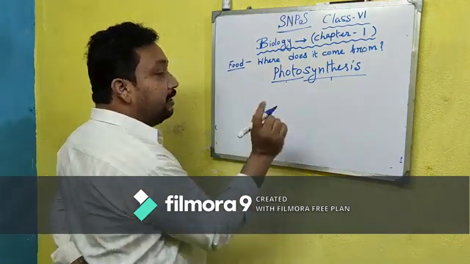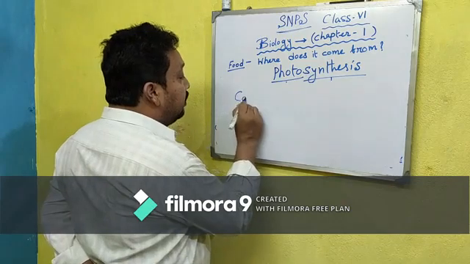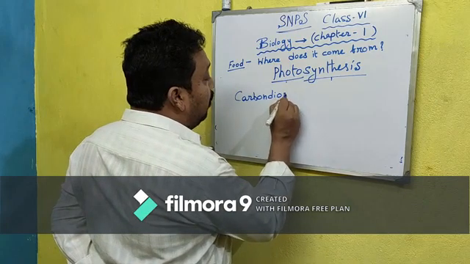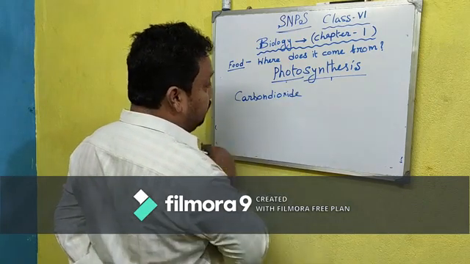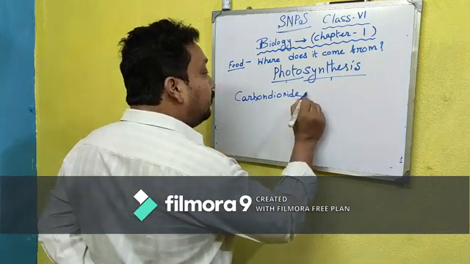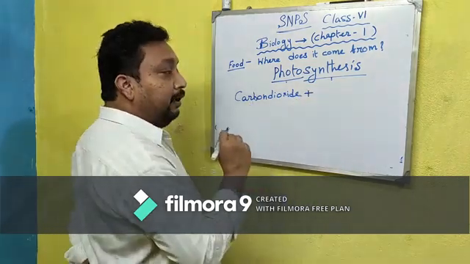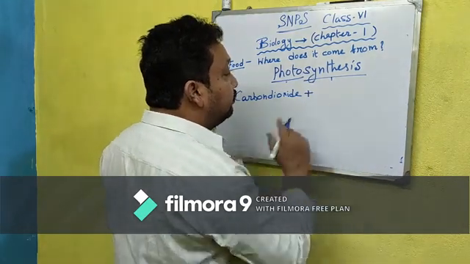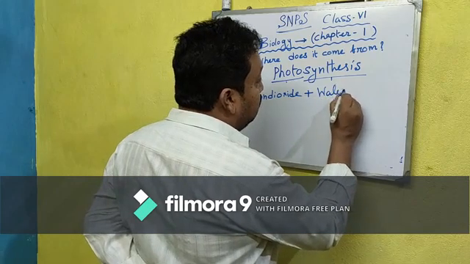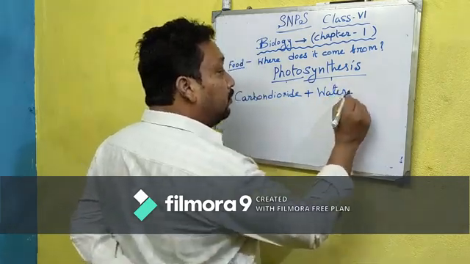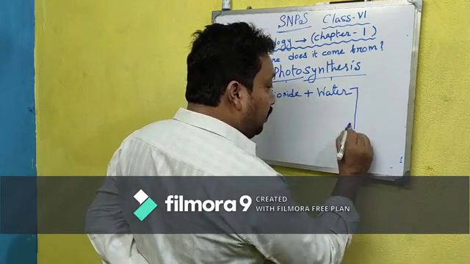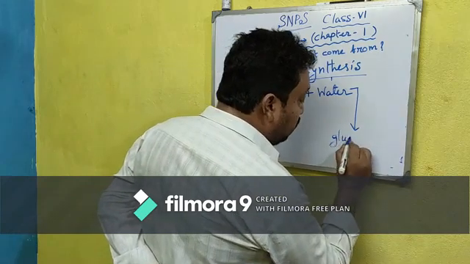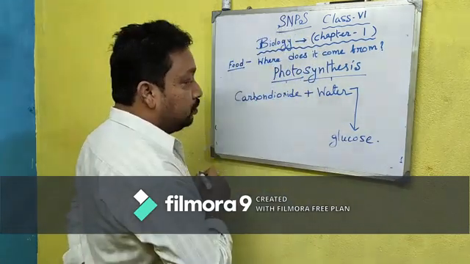The first ingredient is carbon dioxide. It reacts with water and produces glucose.